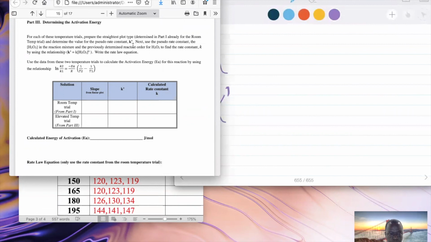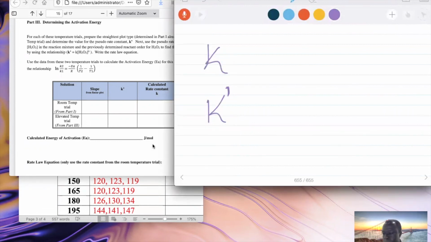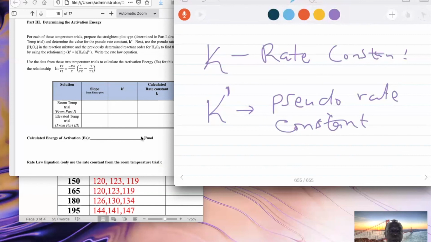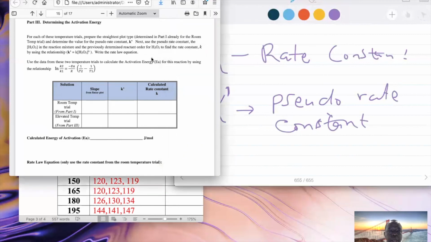We call this the pseudo rate constant, and this is called the rate constant. How do you manipulate that, or what is the relationship between the two?